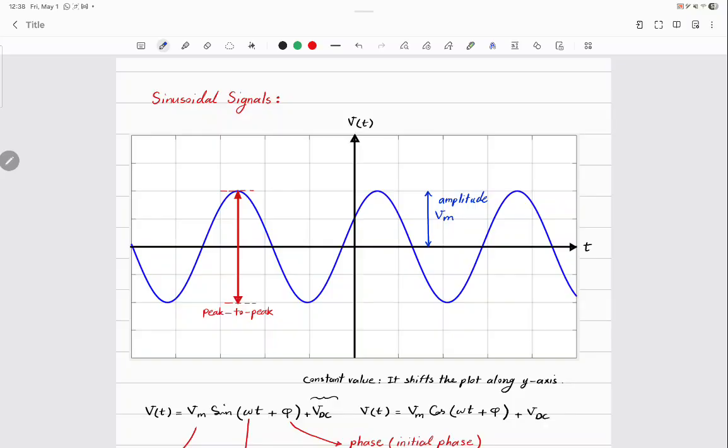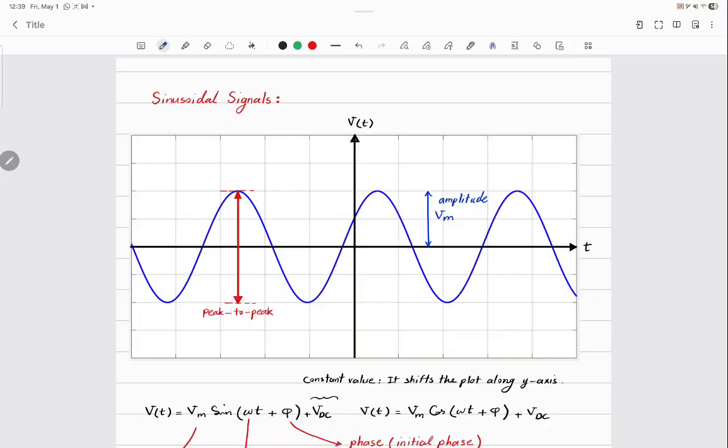Now, I didn't define peak-to-peak value for you, but I'm guessing it is obvious what it means: from the negative peak to the positive peak. Half of that is called the amplitude of any sinusoidal signal. Okay? So it's a measure of how stretched the signal is along the vertical axis.